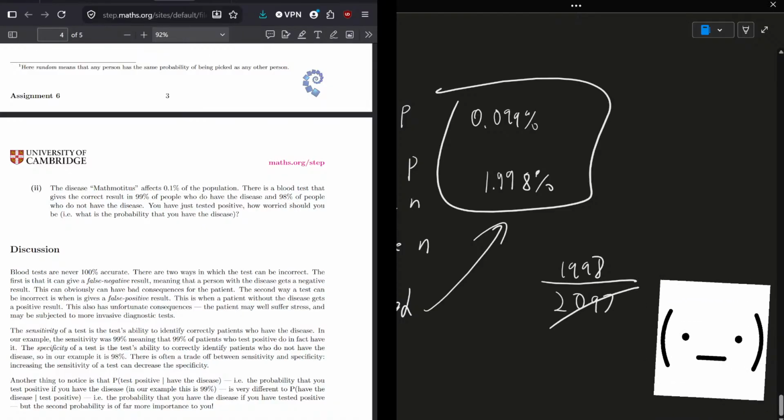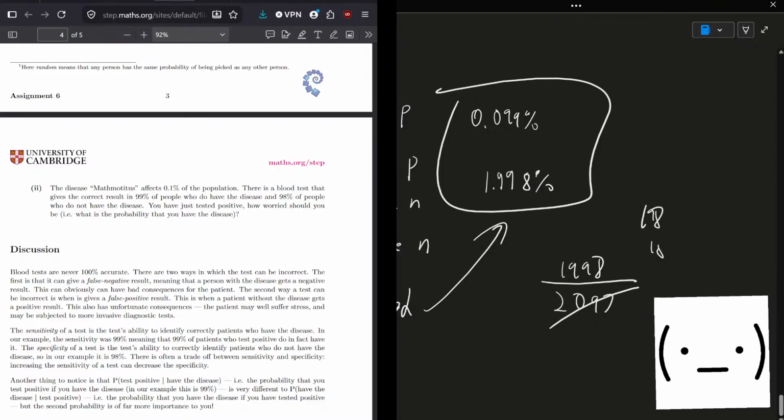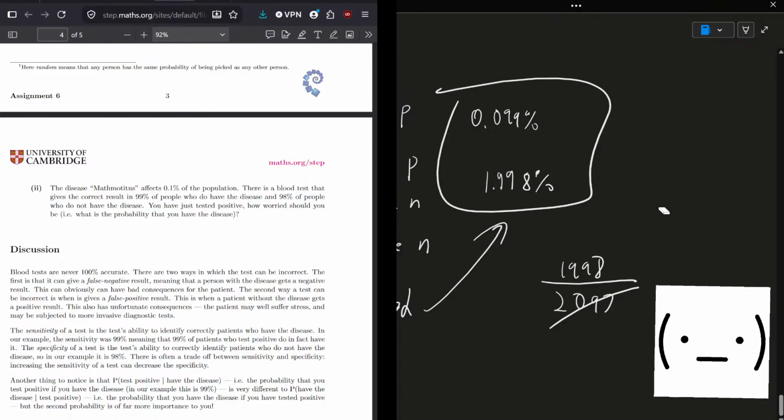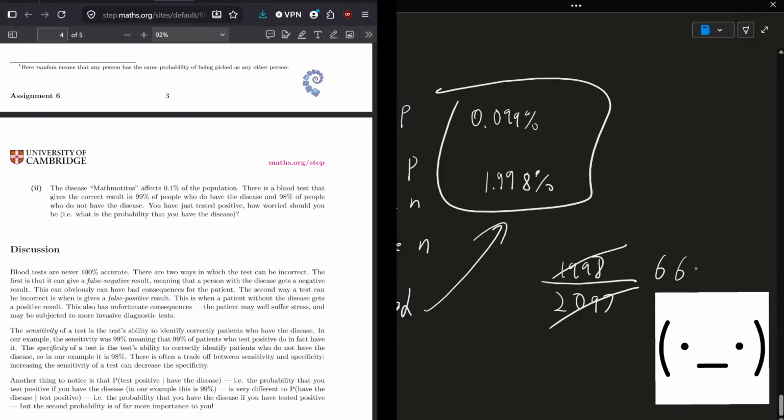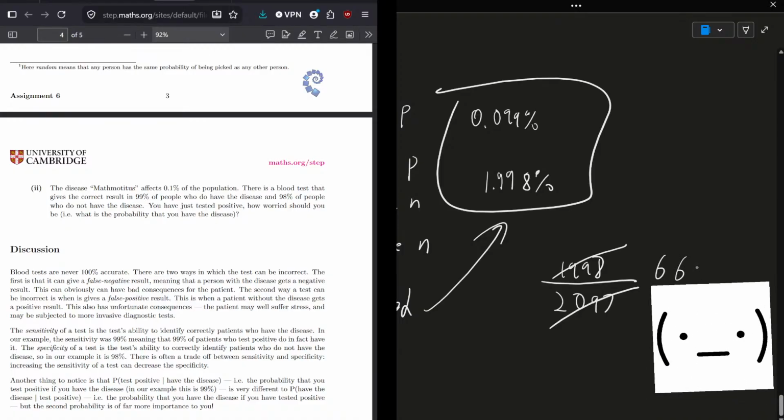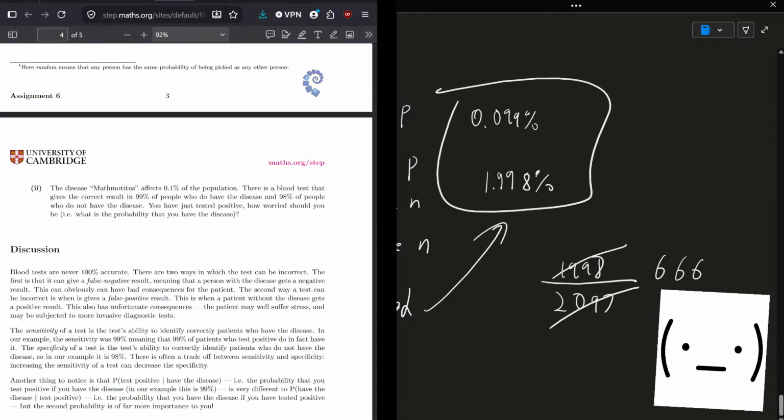This is definitely divisible by 3. Is this divisible by 3? I'm pretty sure it is. Yeah, it is. Okay, so this becomes 6, 6, 6. This is 666.